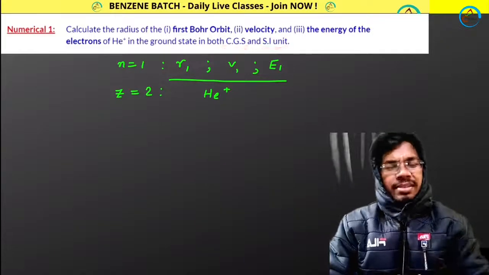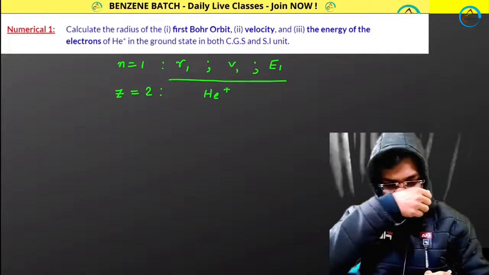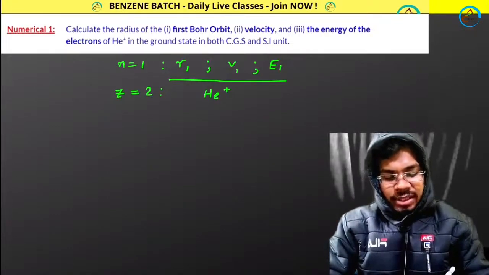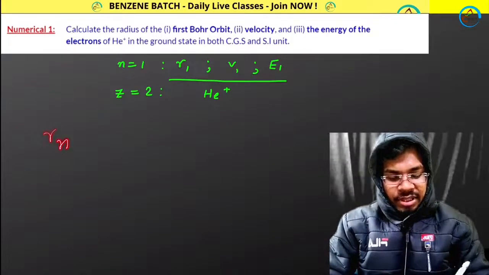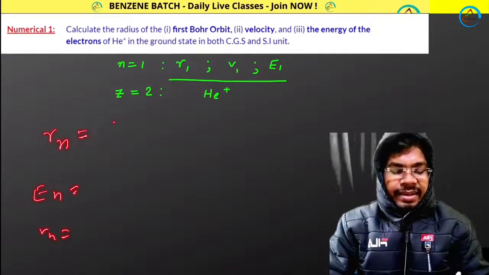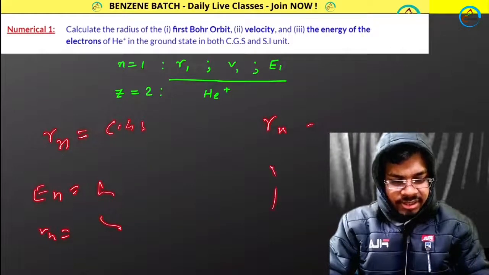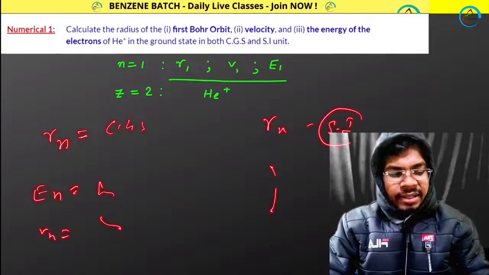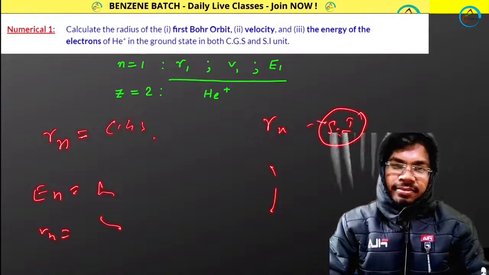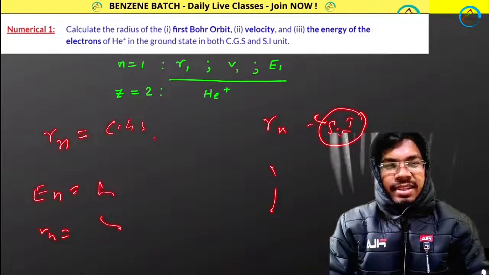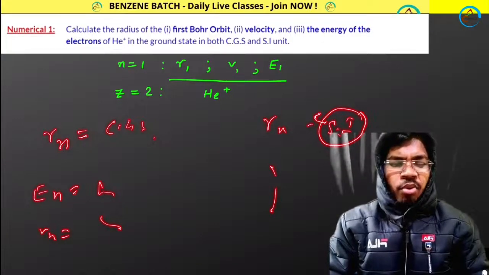So there are two methods to solve this problem. One method is to write the Rn equation, En equation, and Vn equation, all three in CGS units, and also write all three in SI units, and then calculate their values. That is a very time consuming process, and in your examination you won't have that amount of time.